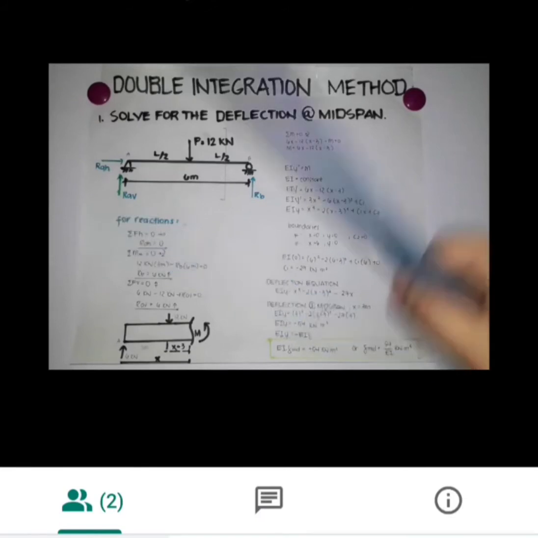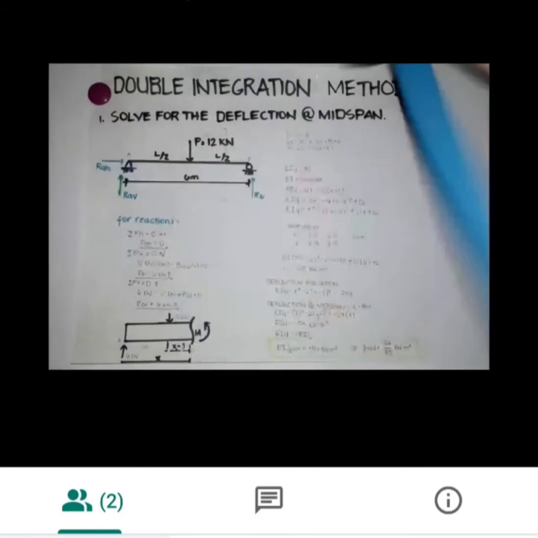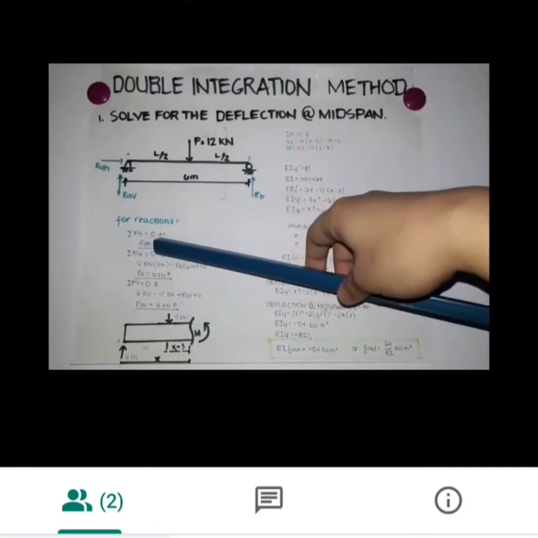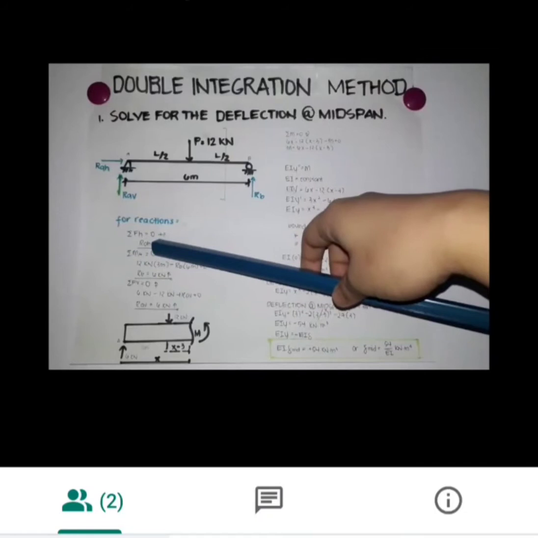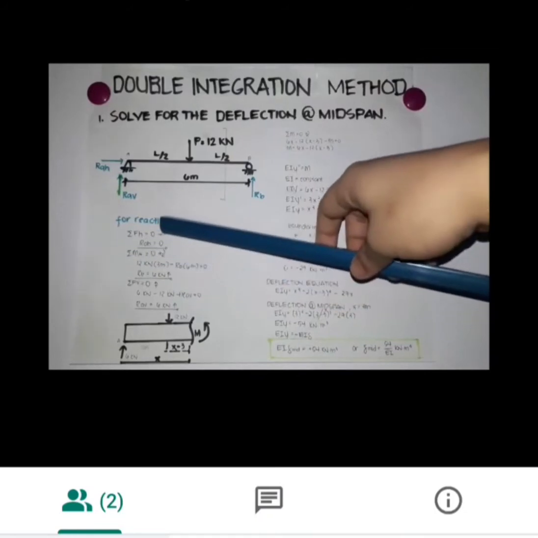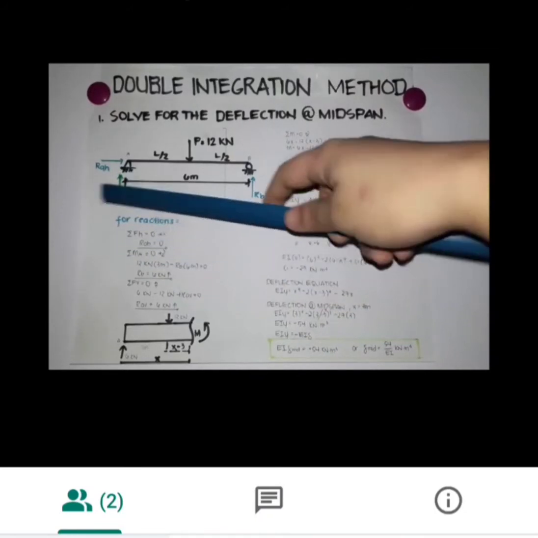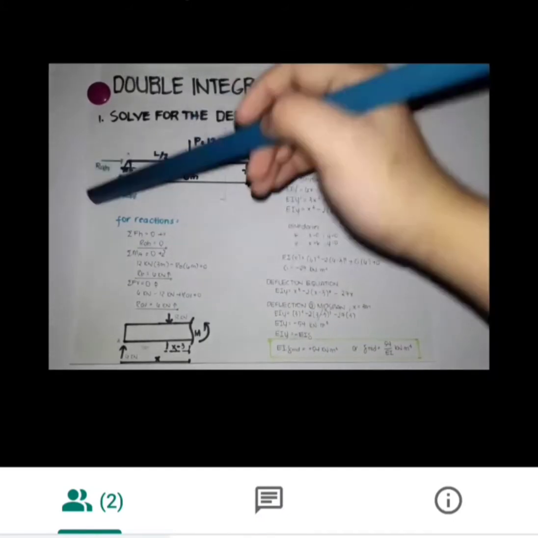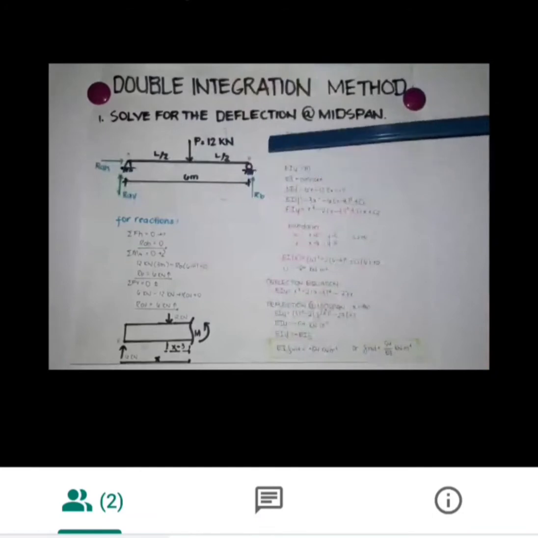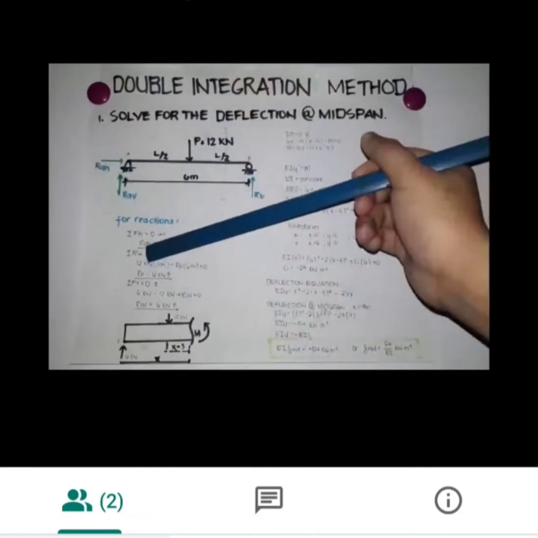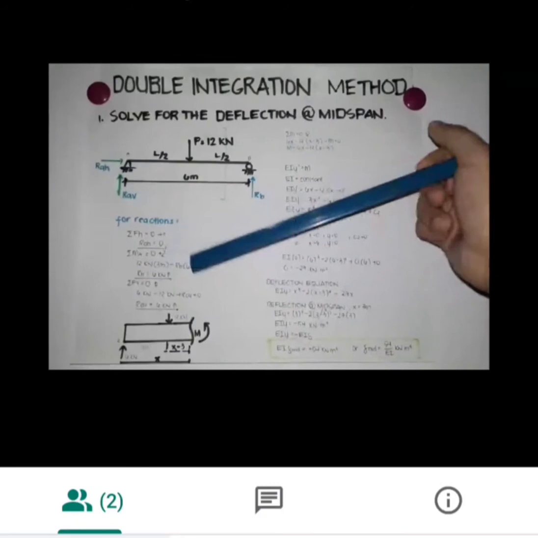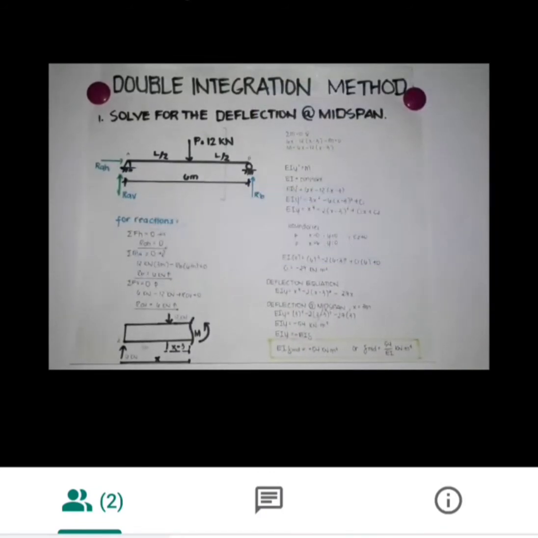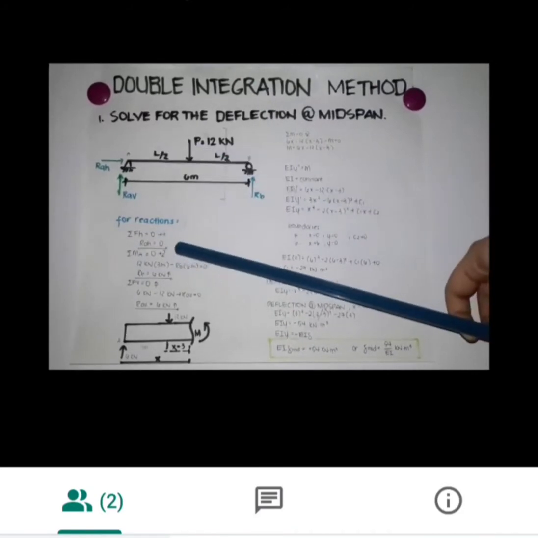Solving for reactions, summation of forces along the horizontal is equal to 0, right side positive. Since iisa lang yung horizontal forces natin and walang ibang kumukontra na force, that means yung value niya is 0. Next is summation of moment at A is equal to 0, clockwise positive.